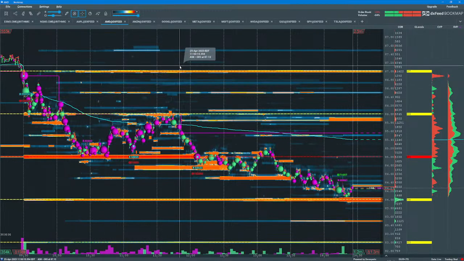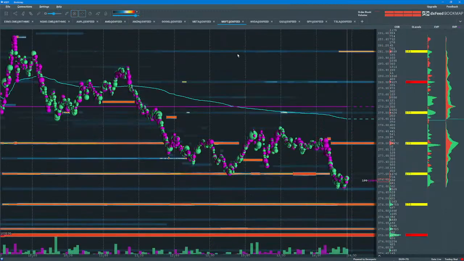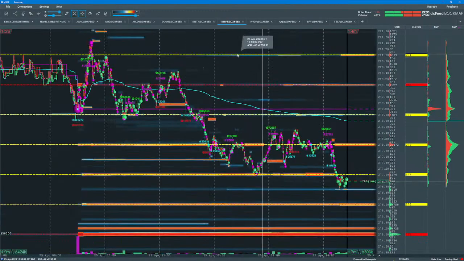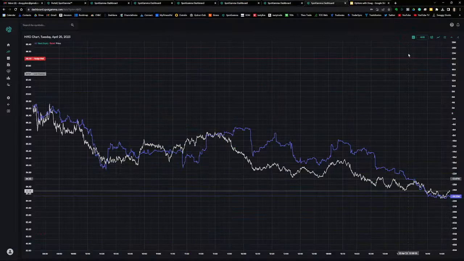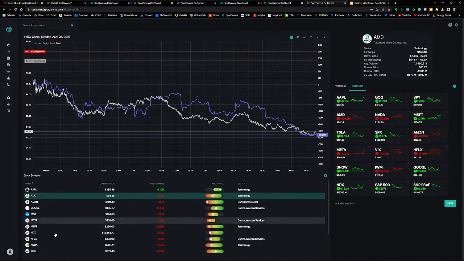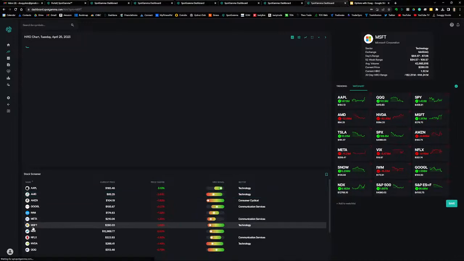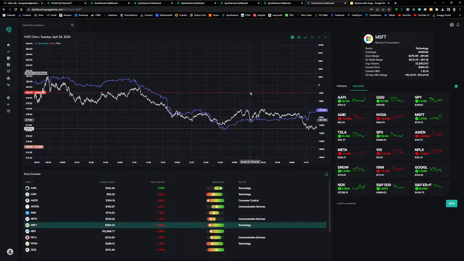Right, so that's AMD. Let's take a look at Microsoft. Let's go to Hero for Microsoft. 280 is the hedge wall. 275 is the put wall.